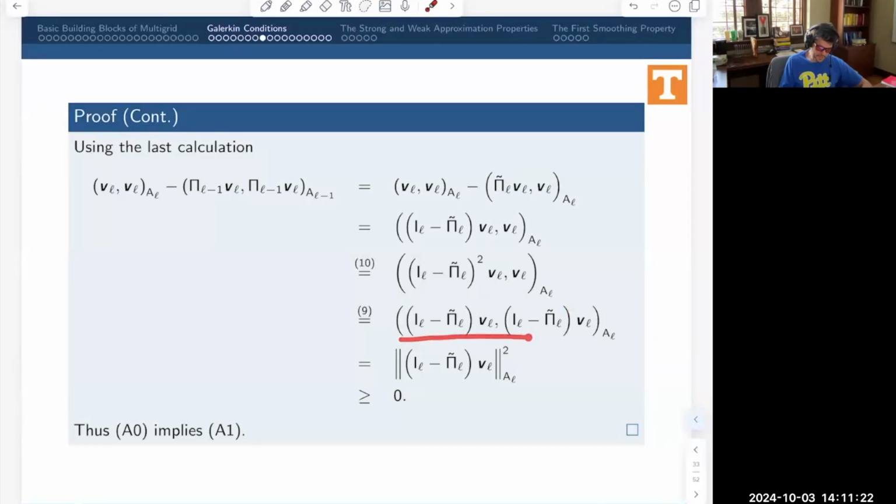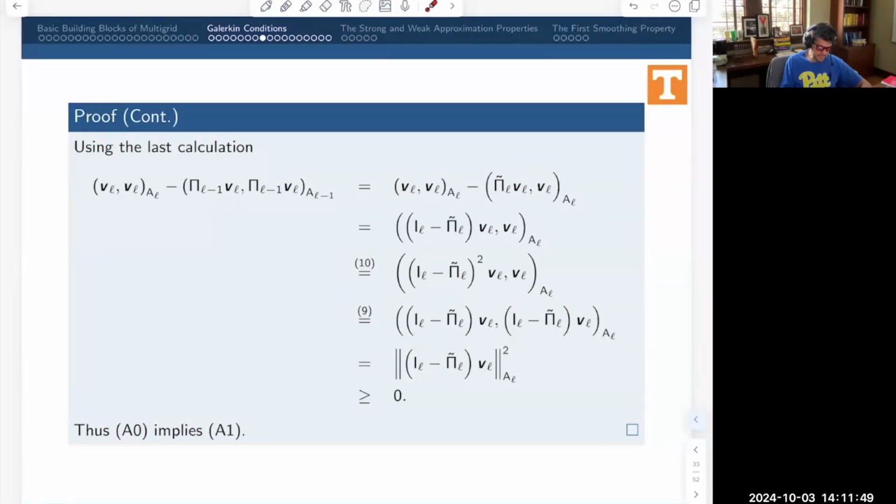And this just becomes an inner product, in the energy inner product specifically, of a vector with itself. So this is a norm squared, and it has to be greater than or equal to 0 because it's a norm squared. I can move this to the other side, and that's precisely the weak Galerkin condition, assumption A1.